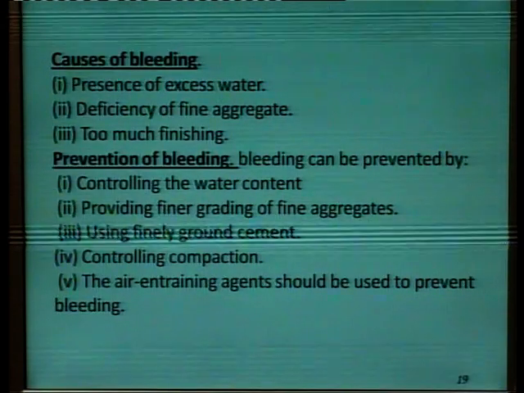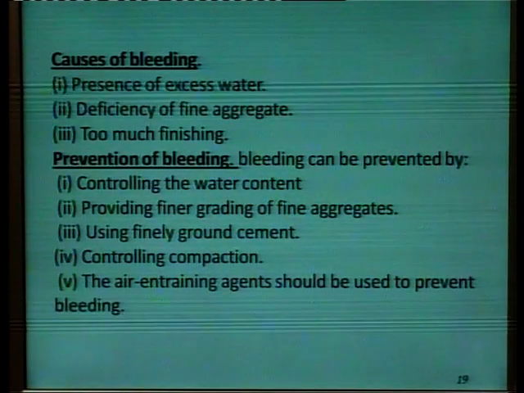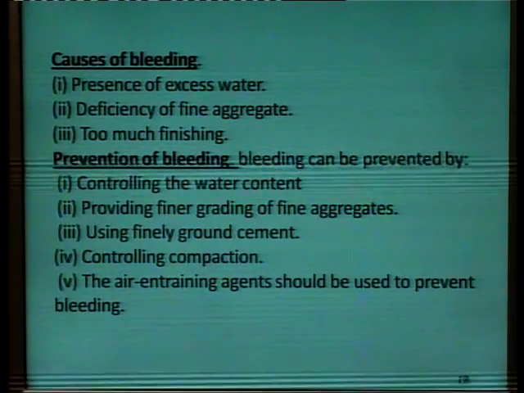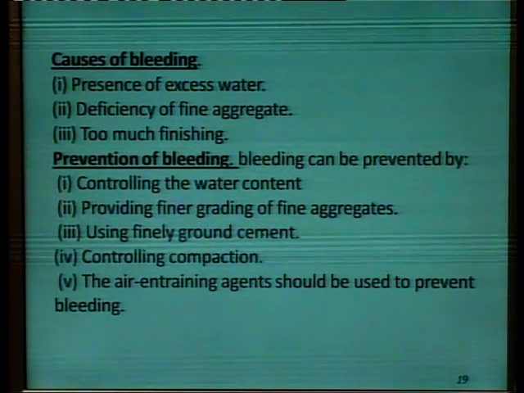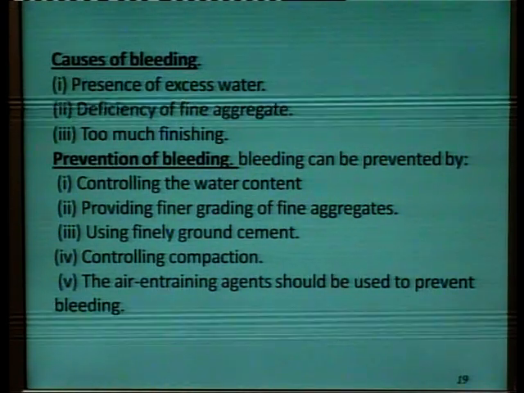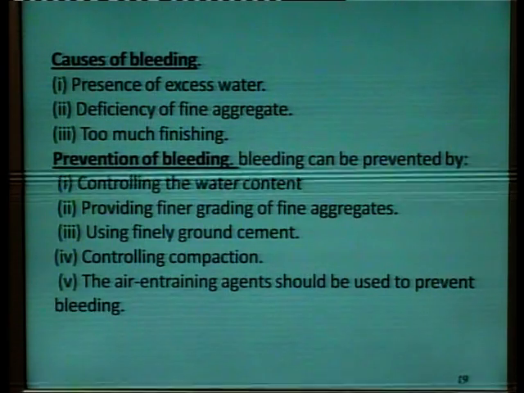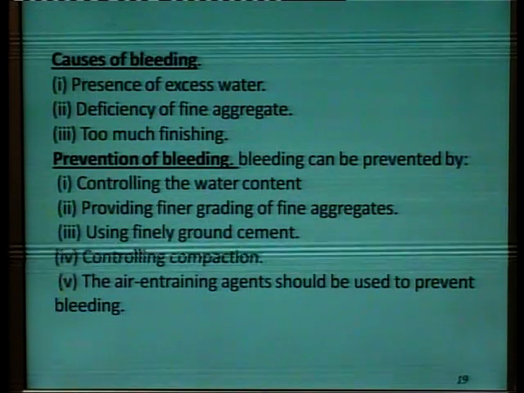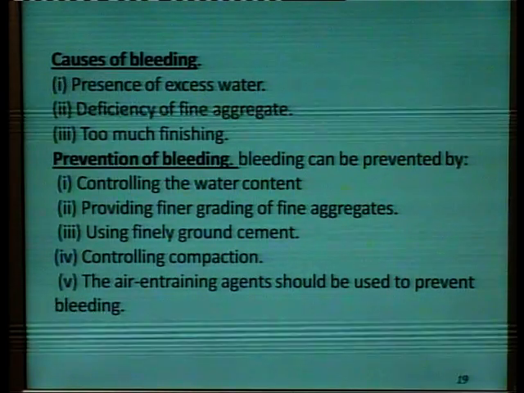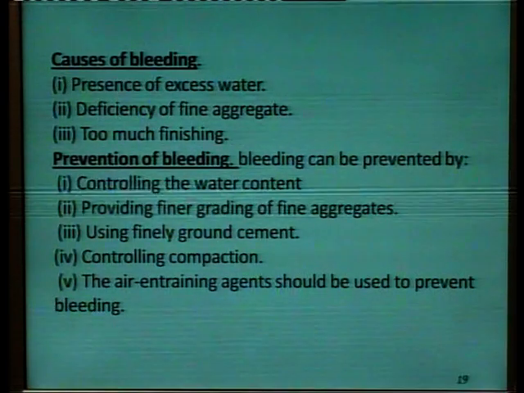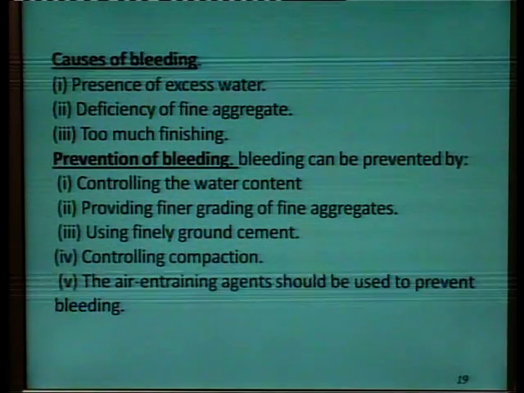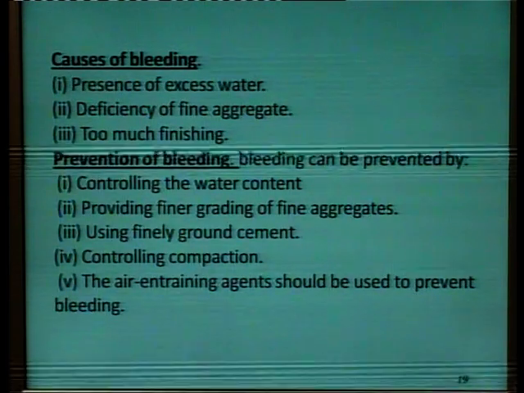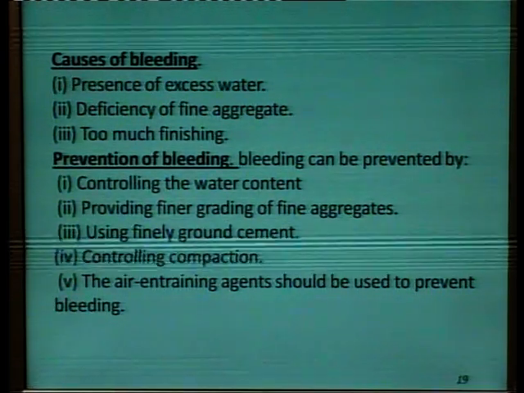Prevention of bleeding. How we can prevent bleeding? So, bleeding can be prevented by first one, controlling the water content. Second, providing finer grading of fine aggregates.